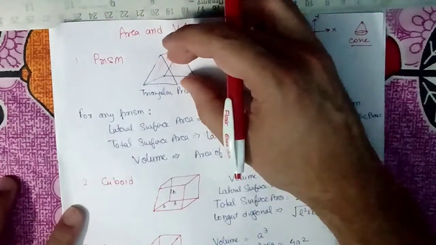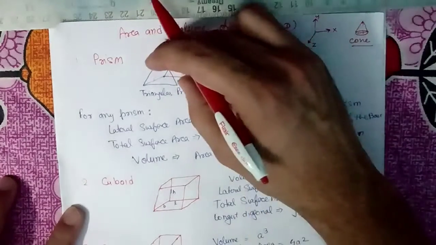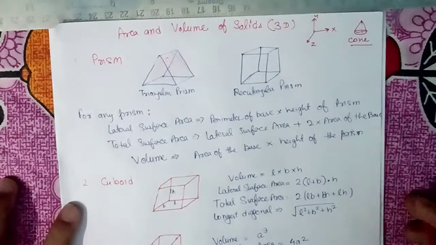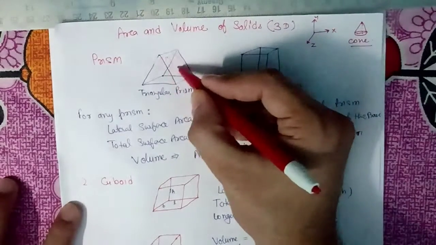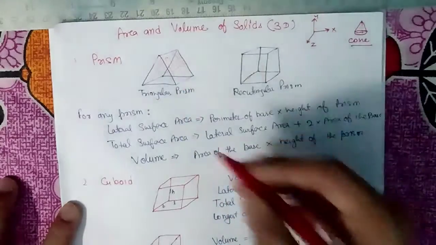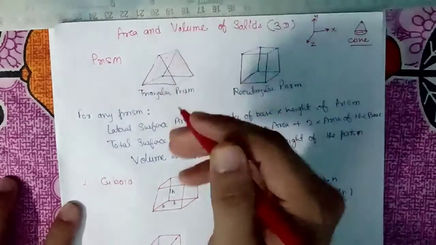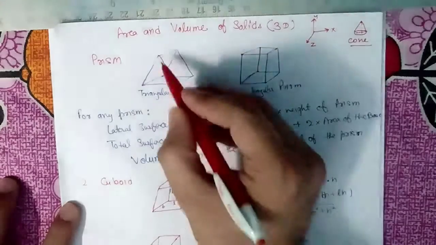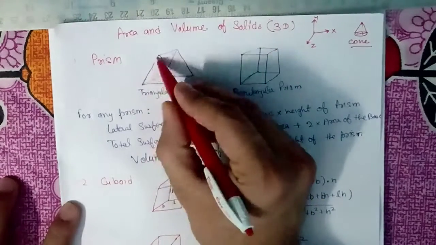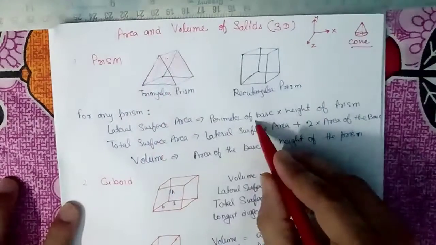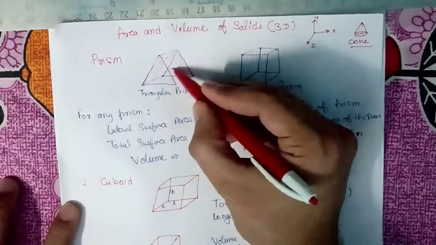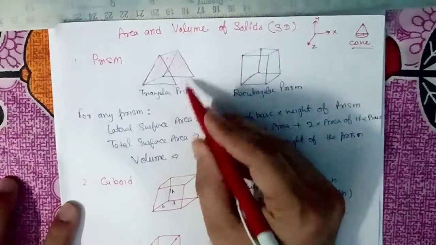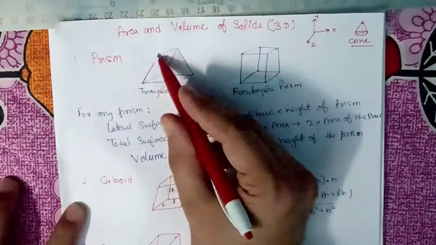For example, in this triangle structure, this is the perimeter of the base, into the height of the prism, this length.